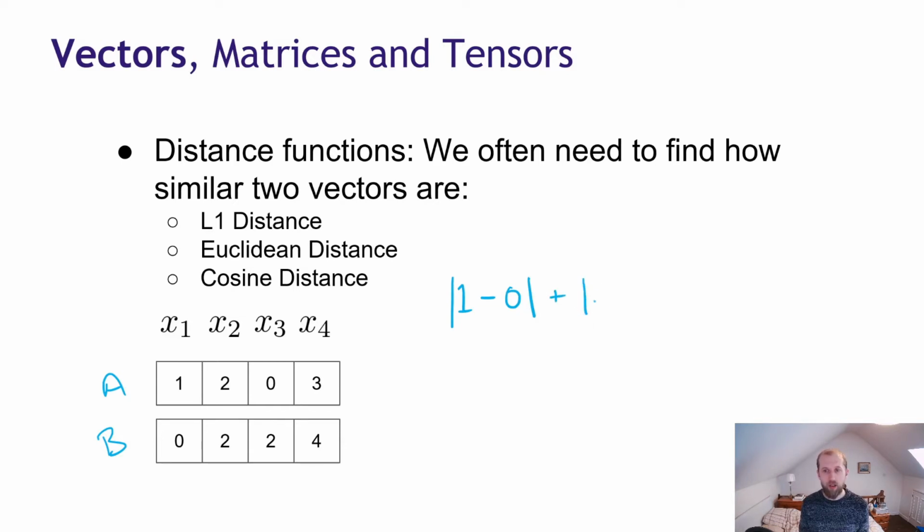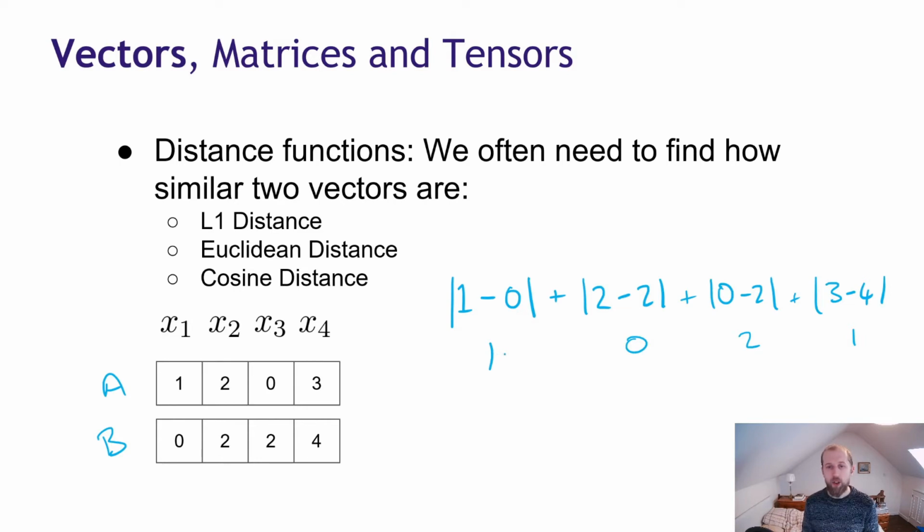Then we add the modulus of 2 minus 2, the modulus of 0 minus 2, and then the modulus of 3 minus 4. I know a lot of you haven't come from a maths background, so if you don't know what the modulus is, it just takes any negative number and makes it positive. So for the L1 distance, we're just going to have 1, 0, 2, and 1, and then we add that up, and that's the distance between our vectors.